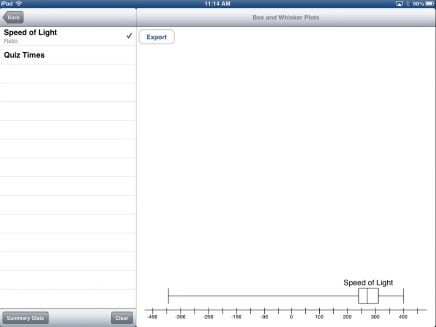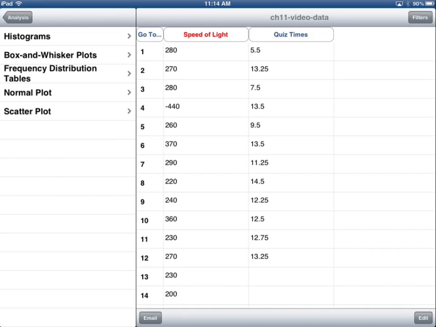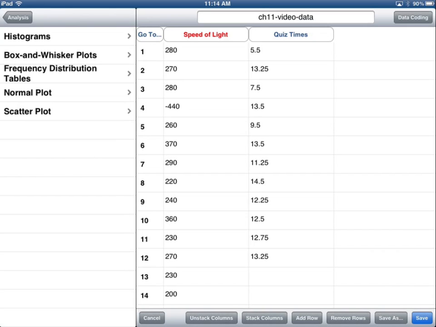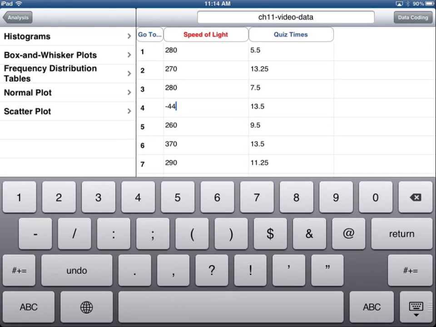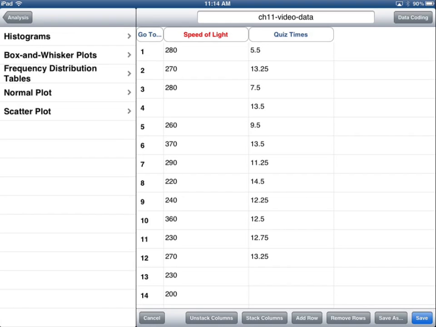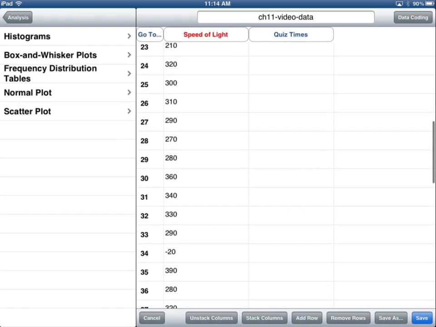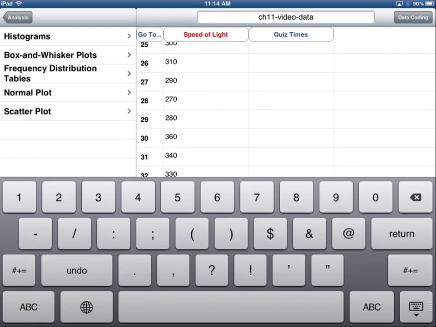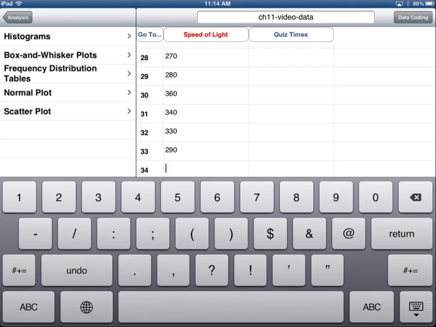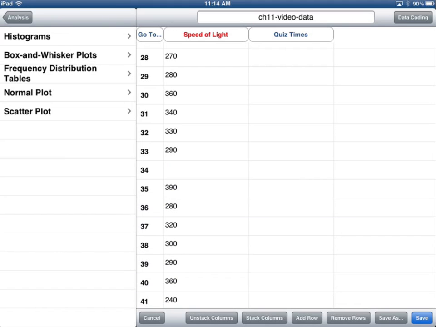So what I need to do is I need to get rid of those. So I'm just going back to TC Stats, hit edit. There's that negative value. I'm just going to erase it. And then I need to find the other one. There it is. And I will erase it. And those blanks are simply missing data, so TC Stats is fine.